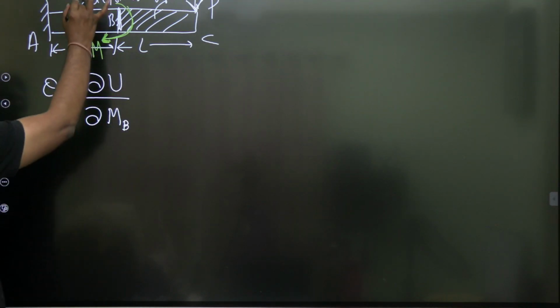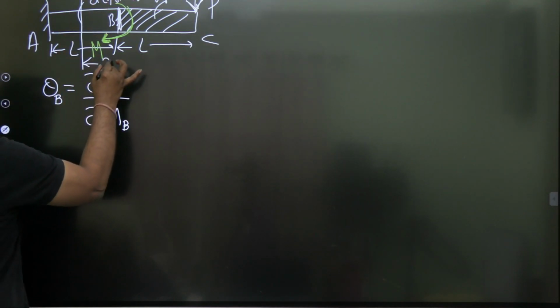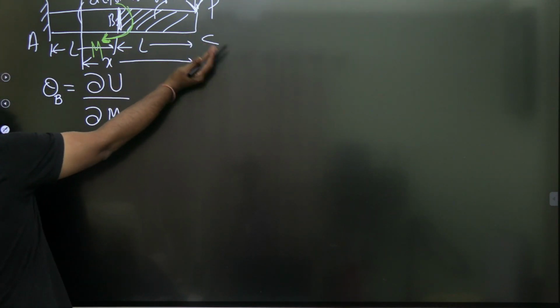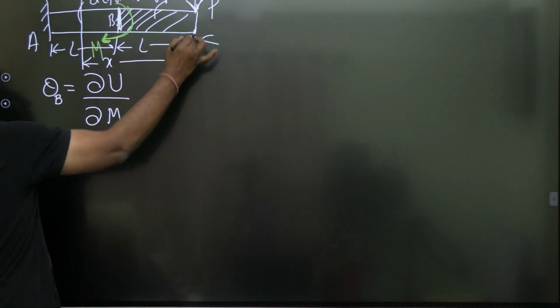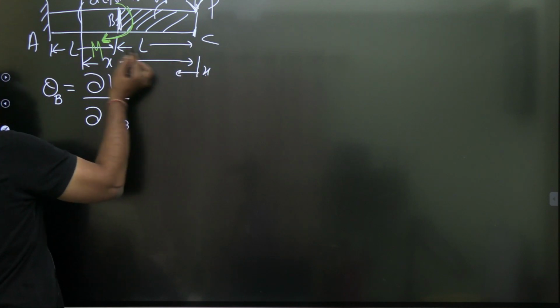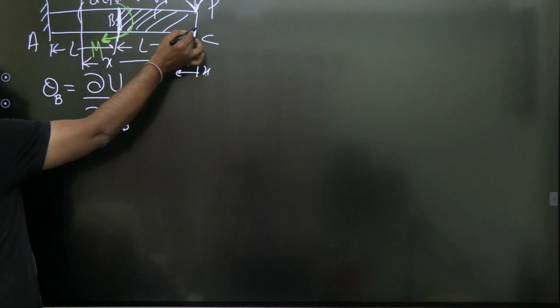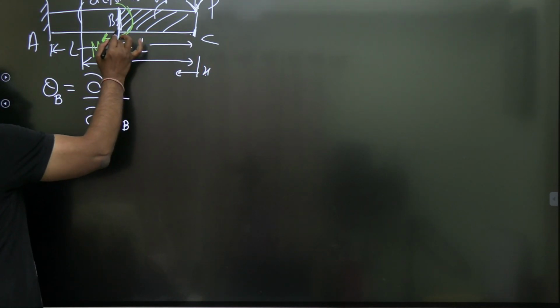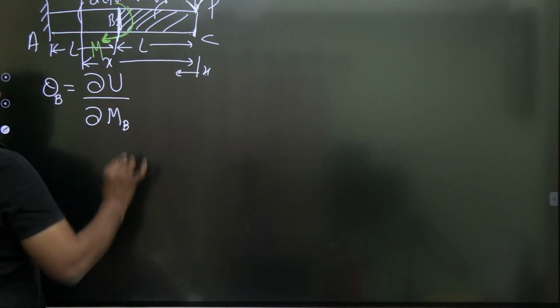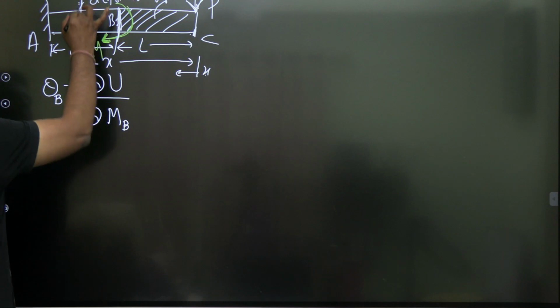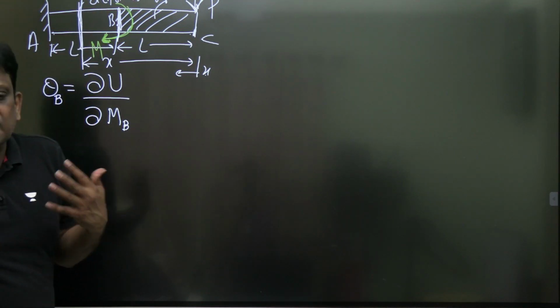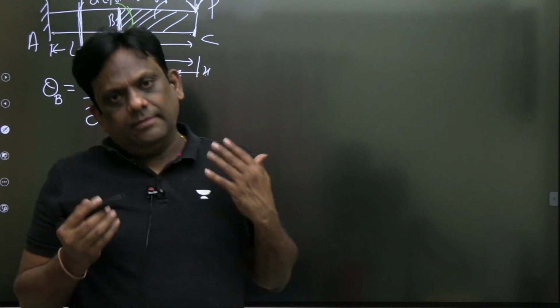Now look, you take any section X from the free end. So here X is 0, and here X is 2L. X is 0 at C, X is L at B, X is 2L at A. Now, what is the bending moment here? The strain energy is absorbed due to bending in this case.